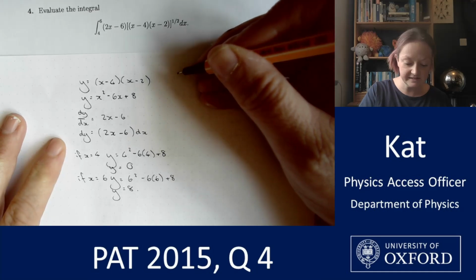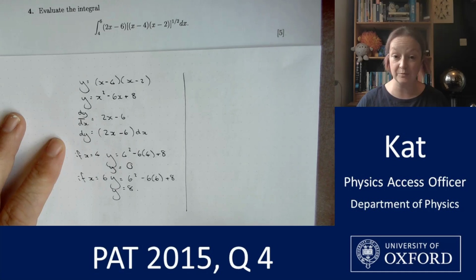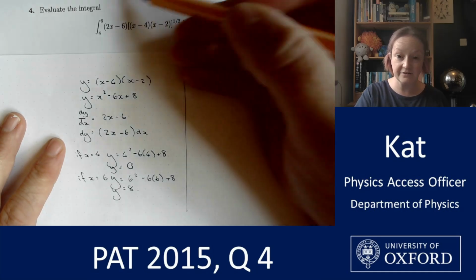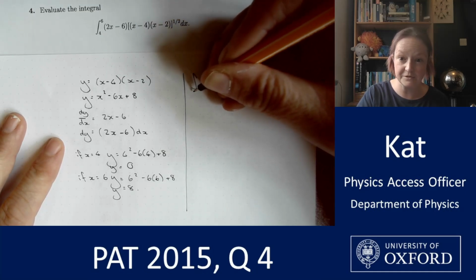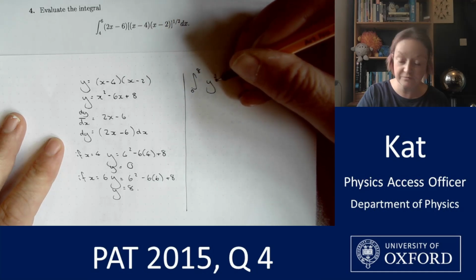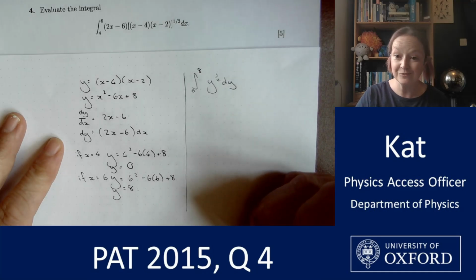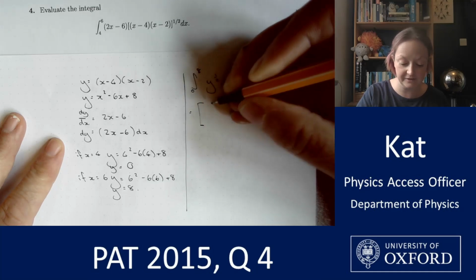I'm now ready in this case to completely redefine my integral in terms of y, so that instead of this long integral, I'm going to be evaluating between 0 and 8 just the integral of y to the half dy, which is significantly simpler, the whole point of change of variable being to make your life easier.